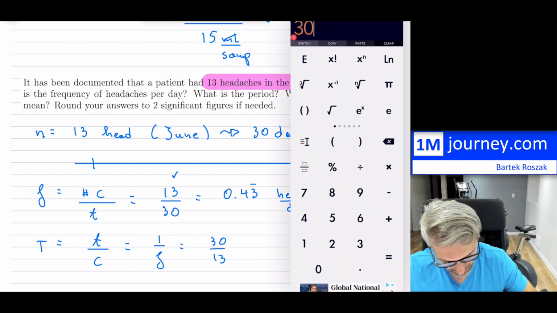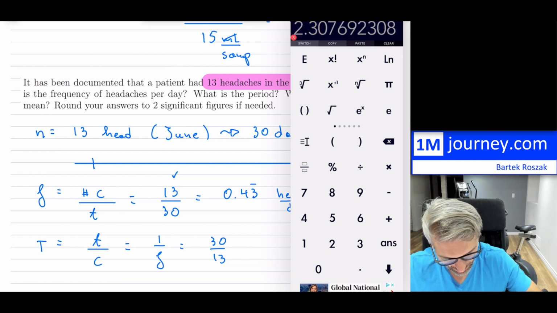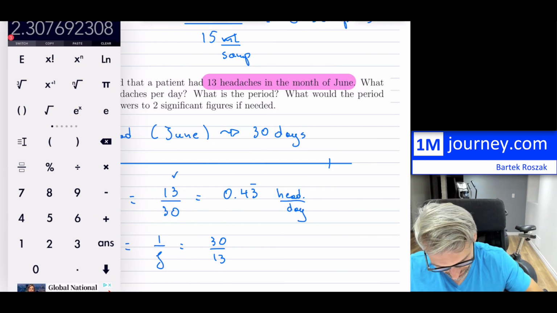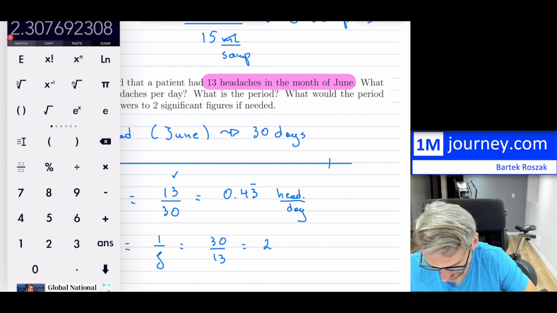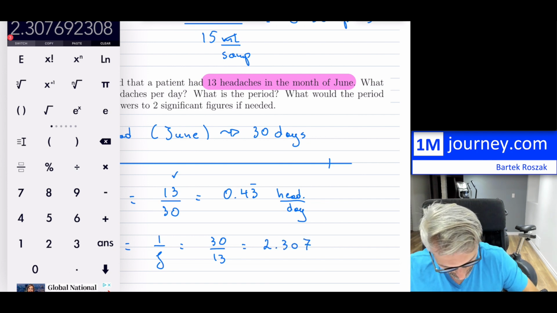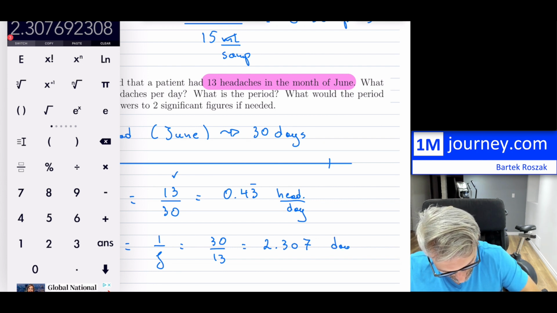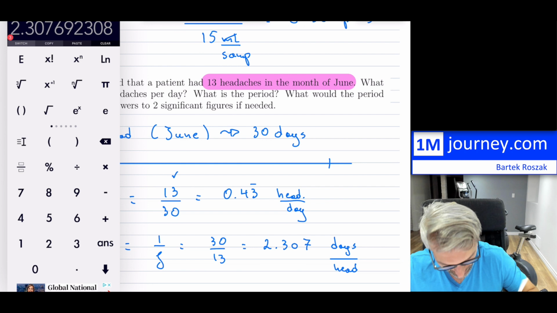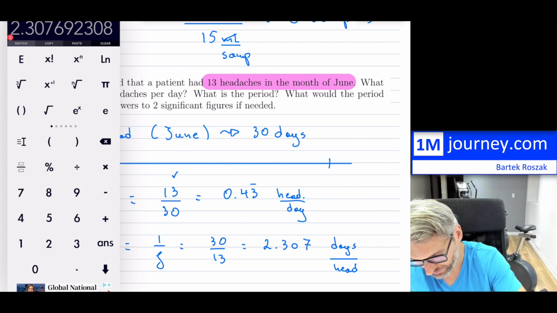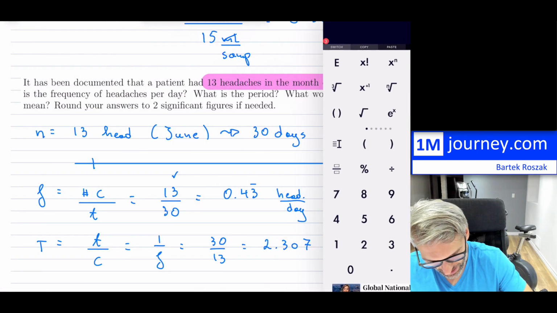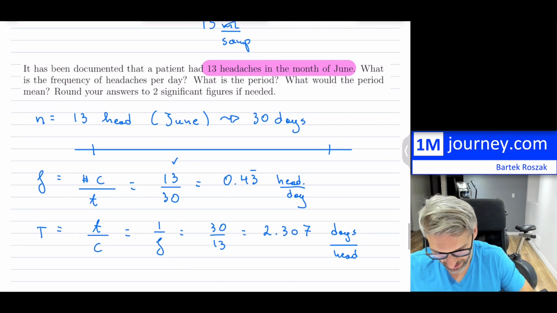We can do that, and it equals 2.307, and that would be the number of days. This is the period, sorry, for each headache. I'm not going to round as of yet.